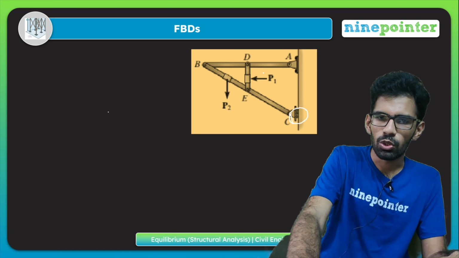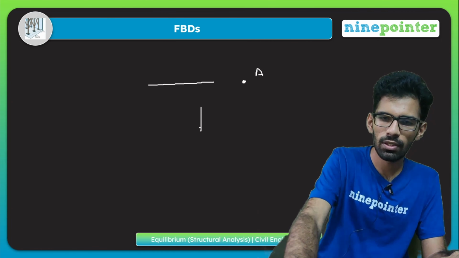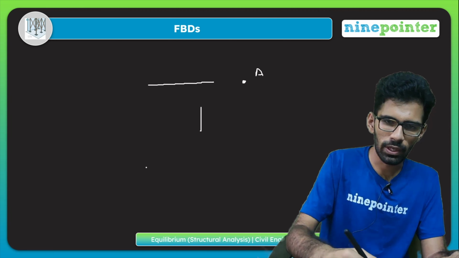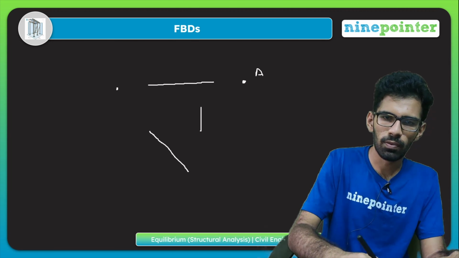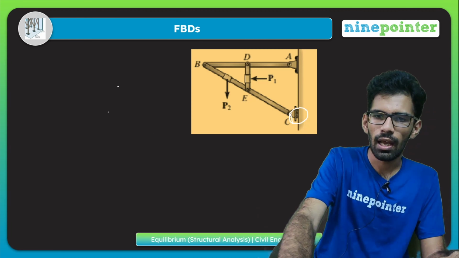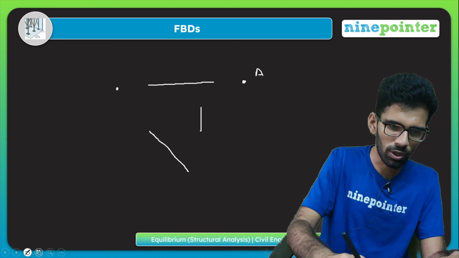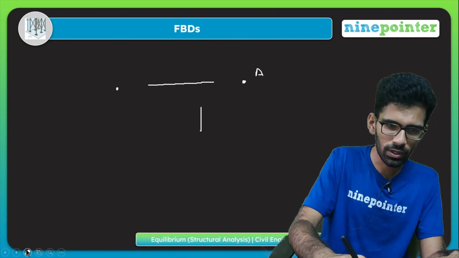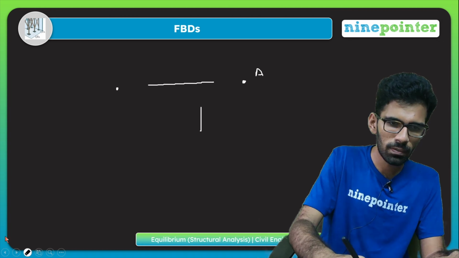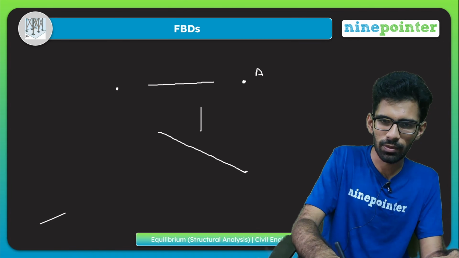We have a component like this, we have a point here, and this can be drawn a little bit better, I think, such that it looks like it's coming from the same point.